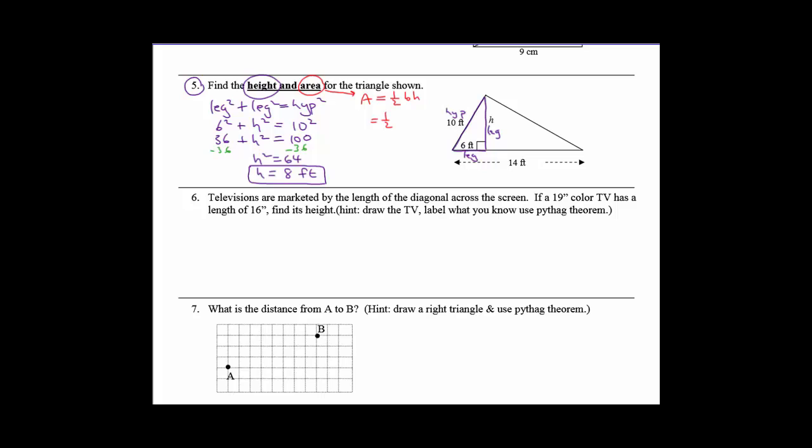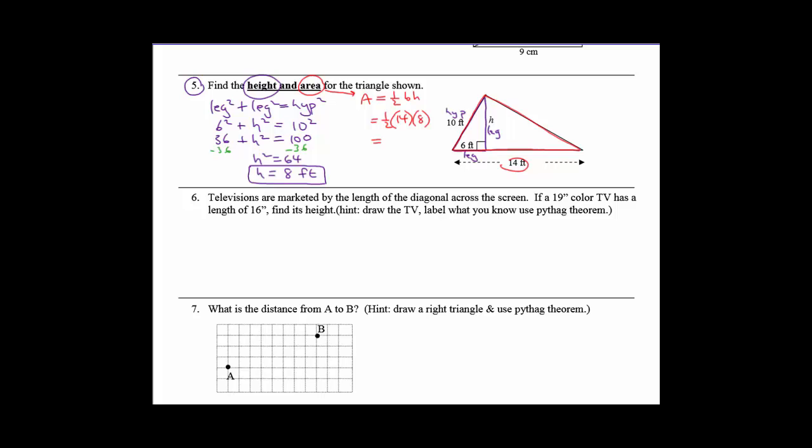So now I just need to plug in what the base and the height are of the large triangle, not just the little one that we use to find the height, but the large triangle, which is not necessarily a right triangle. In this triangle, the base is 14. It's all the way across the bottom. So I'm going to plug in 14 for the base. And the height is what we just calculated, 8.